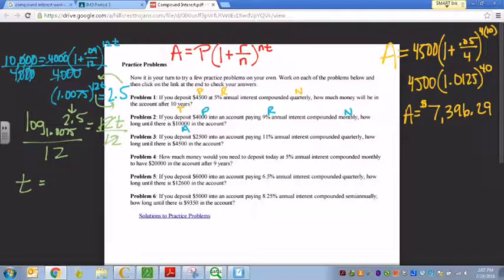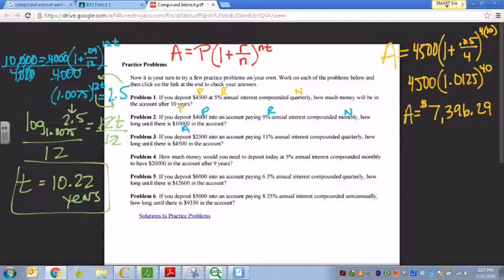Okay, and then I get 122.63. And then I'm going to leave all the decimals because if I divide it by 12, it's going to give me the most accurate answer. It's going to take 10.22 years to get $10,000 in that account. Okay? So that's how much time it would take to do that.